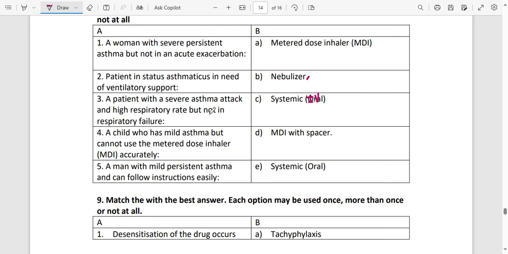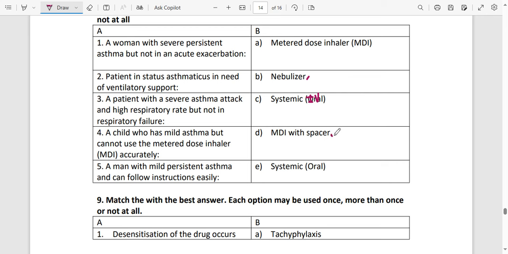A child who has mild asthma but cannot use the metered dose. Which one can you use? The same metered dose inhaler, but there's something you put there. So which one do you think is the best option for four?